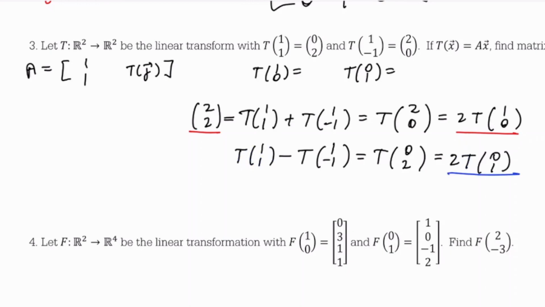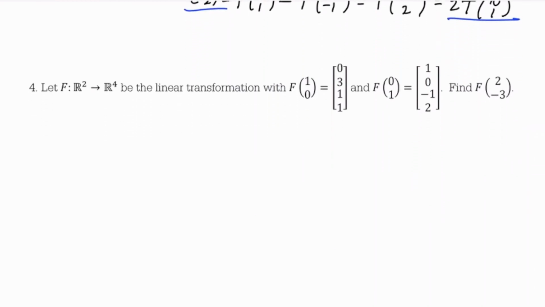Okay, so over here, if I subtract them, (0, 2) minus (2, 0) would be (negative 2, 2). And then I'd need to divide that in half, and so it's going to be (negative 1, positive 1). Okay, and that's going to be matrix A.